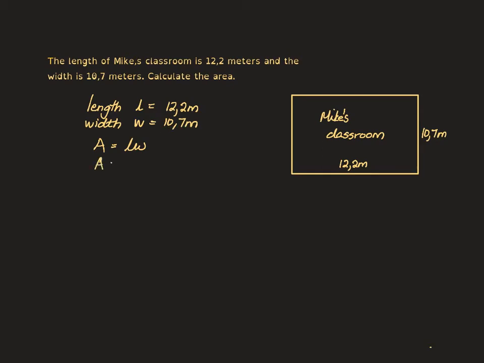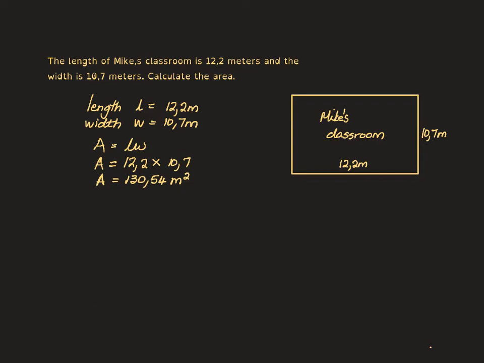That gives us area A is equal to 12.2 and 10.7. But we can't just write it like that. We know that when we've got the numbers, we've got to put the multiply sign back in. The answer to this is A, or area, is 130.54, and in your answer you must have the units. Area is meters squared.